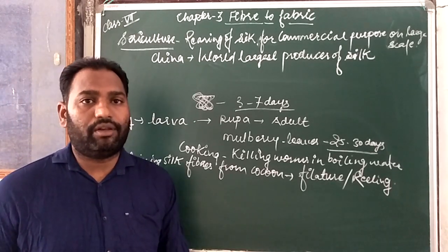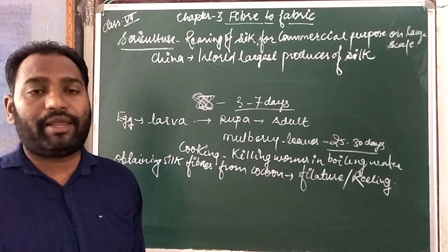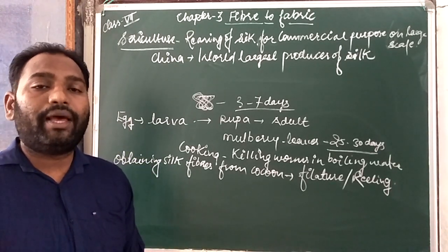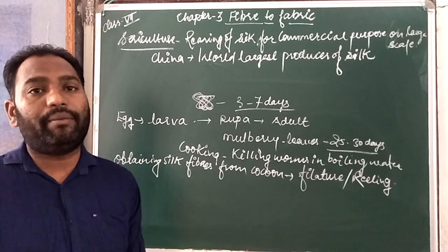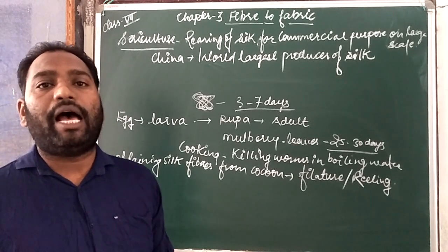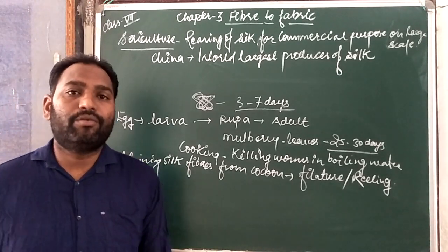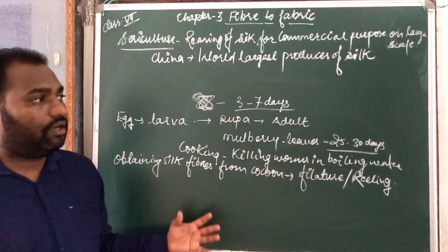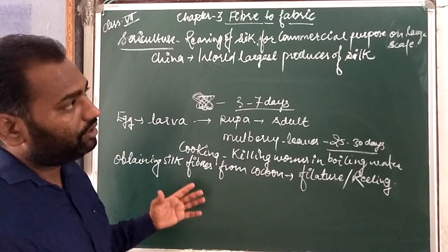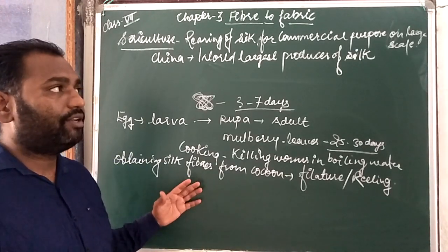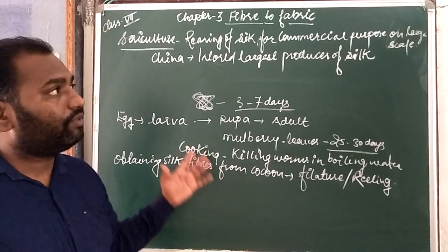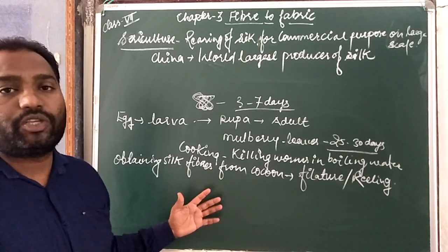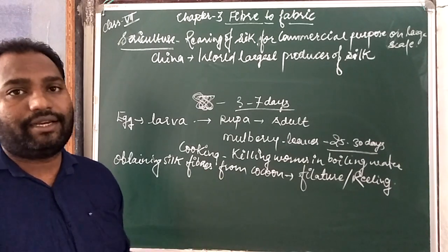And you know that silk comes from a worm, which is an insect, and many microorganisms, which are pathogens, can grow there and spread diseases among human beings. So some precautions should be taken in these industries, because there are too many chances of disease for the human beings attached or linked with these industries.